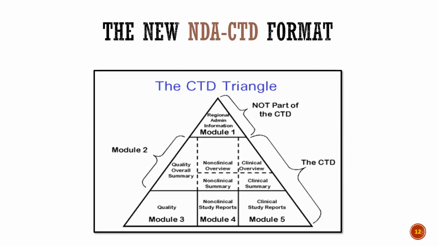In module 3 we have separate subsections for the drug substance and the drug product, where we give general information about the drug substance, its nomenclature, structure, who the manufacturer is, the manufacturing methods, and a description of the manufacturing process. Everything has to be given in detail in module 3.